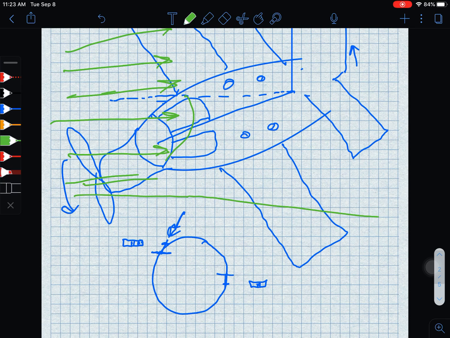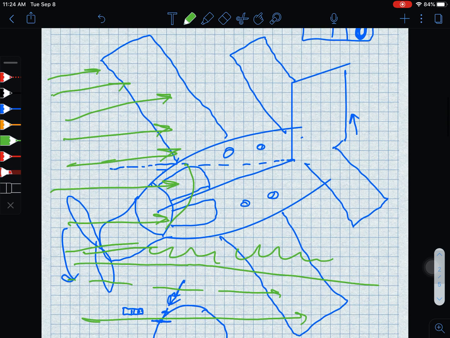So airflow is distorted all the way up to here because the fuselage is blocking the airflow. And then we have airflow again all the way at the tip of the wing.